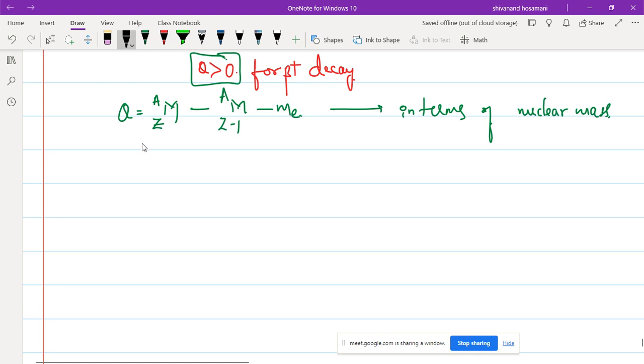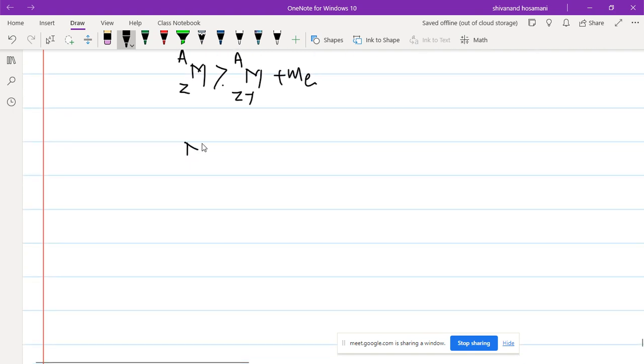As Q is greater than 0, I can rewrite this as: the mass of the reactant with Z and A should be greater than the mass of the product with Z minus 1 and A, plus the mass of the electron.